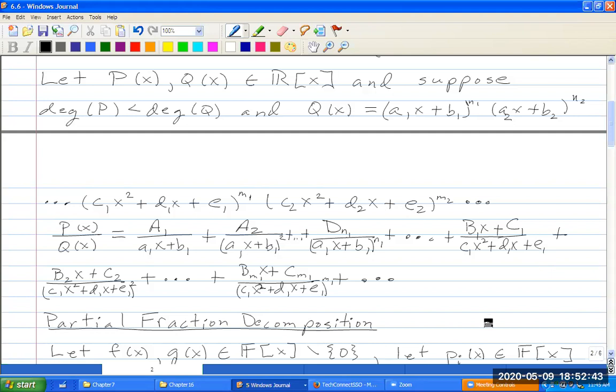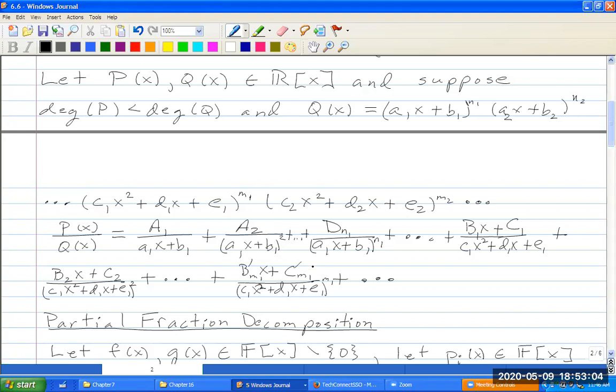Plus a whole bunch of things of that type. Who knows what I should call that? Plus things of this type. This can't be the same subscript. Maybe with primes or something. They're different things. Okay.